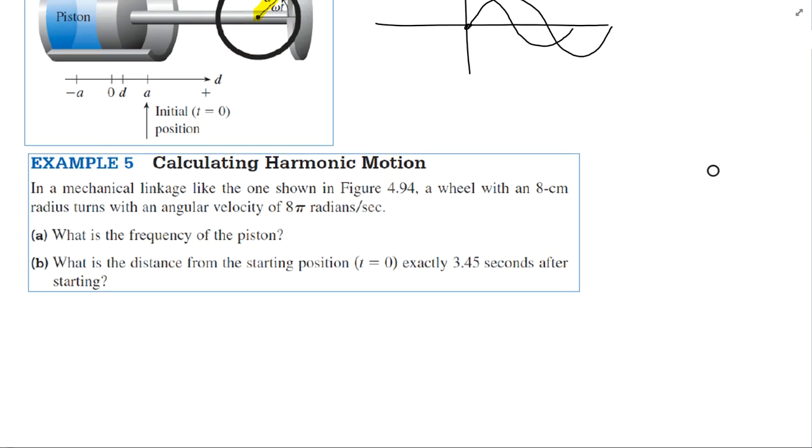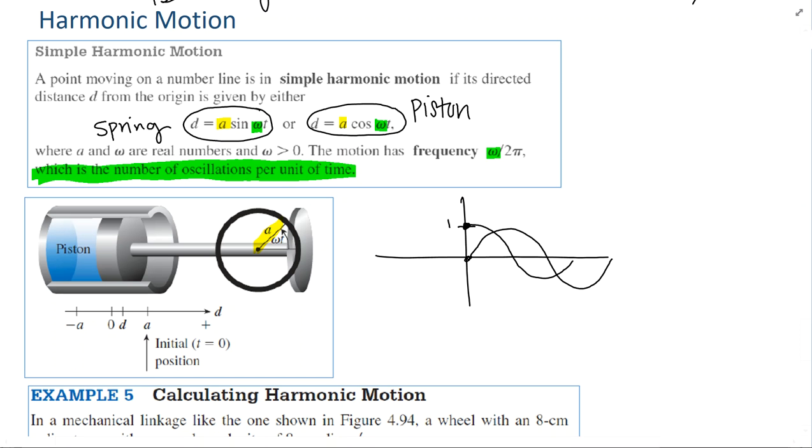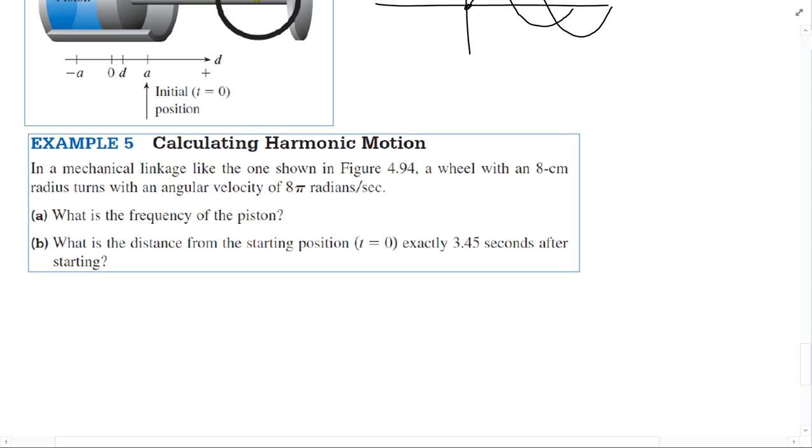So first question is, okay, we got a wheel of 8 centimeters. The radius turns at an angular velocity of 8 pi radians per second. What is the frequency of the piston? Okay, so the frequency, remember, is the number of oscillations per unit of time.